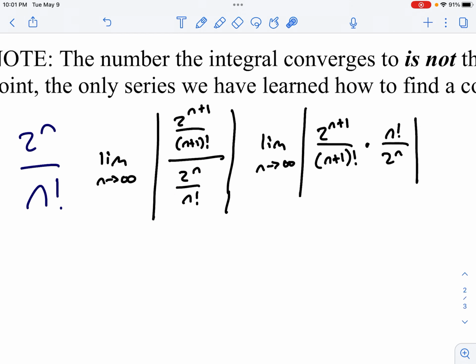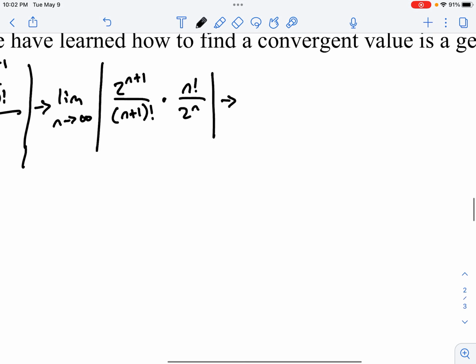Okay, so how do we work with this limit? This is where things get a little tricky. These n plus 1s, these factorials, maybe some things that we're not quite used to working with. So here we go. Let's take the limit as n goes to infinity. 2 to the n plus 1: remember, whenever you have exponents added together, that means you have 2 of those bases multiplied together, each with one of those exponents.